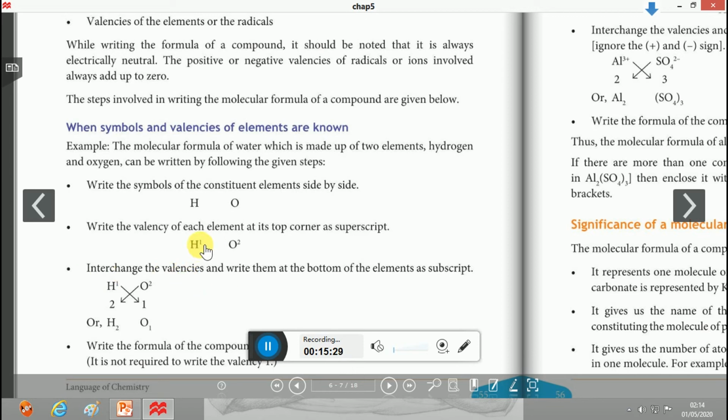That means the valency of hydrogen must be with oxygen, that is 1. Valency of oxygen 2 must be with hydrogen. Look at this, 2 must be with hydrogen, 1 must be with oxygen. So thus the formula will be H2O.